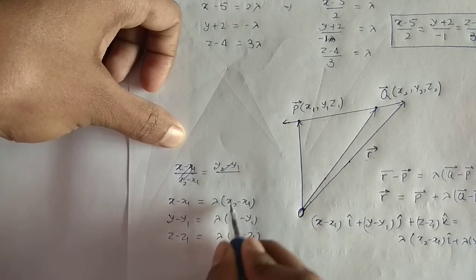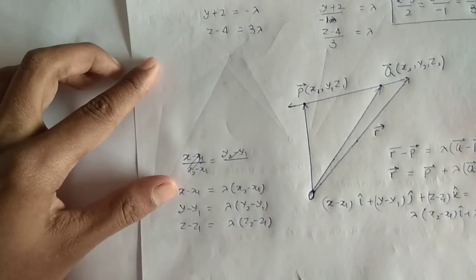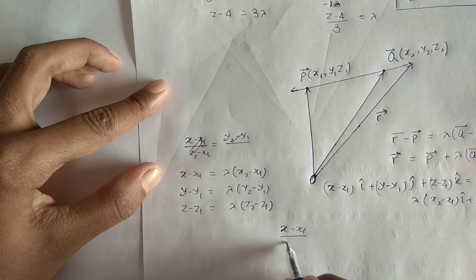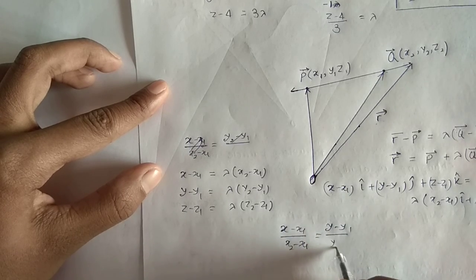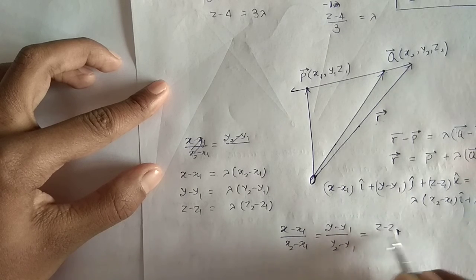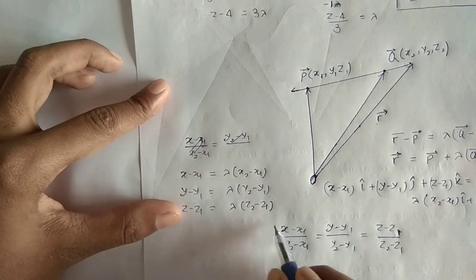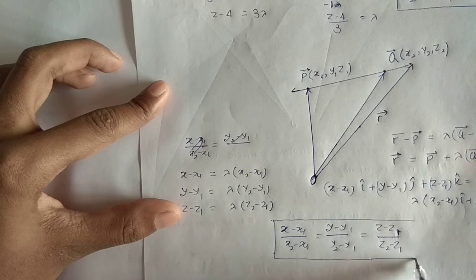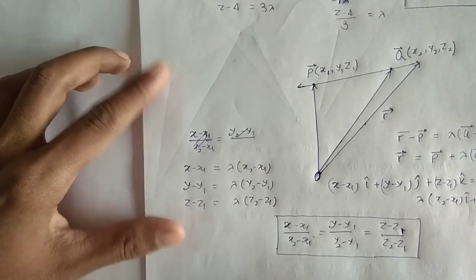So if we calculate as previous, we get an expression: x minus x1 by x2 minus x1, equals y minus y1 by y2 minus y1, equals z minus z1 by z2 minus z1. It is further equal to lambda. Here these terms are called the direction cosine.